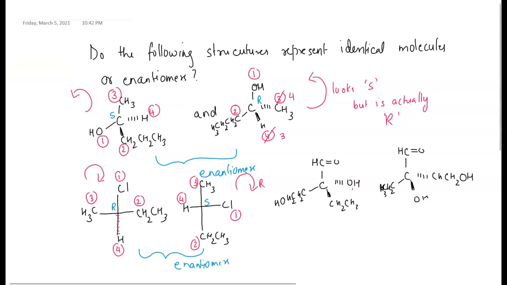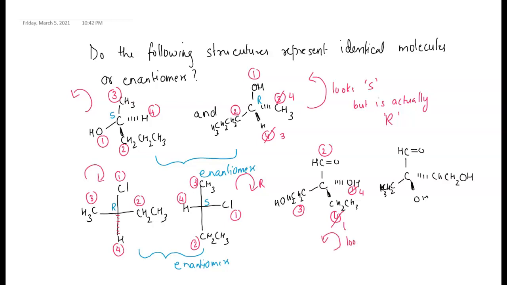OH is still number 1. This is number 2. Here this becomes number 3, and this becomes my number 4. So before we move, we have to do the swap because the lowest priority is not at the back. So I'm going to put 1 here and 4 here. And now I go from 1 to 2 to 3, right? I'm going this way, 1 to 2 to 3.